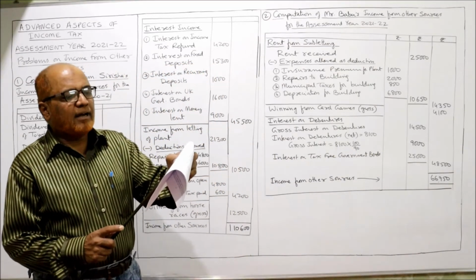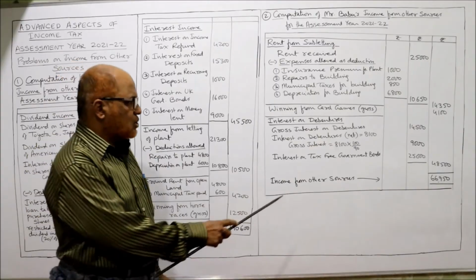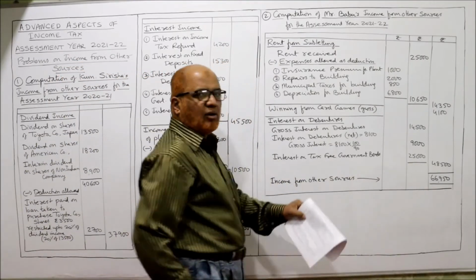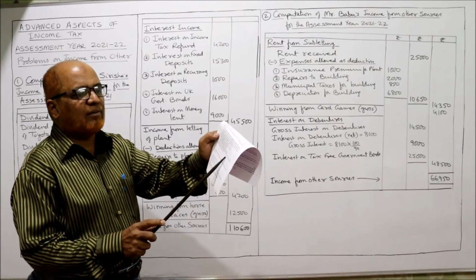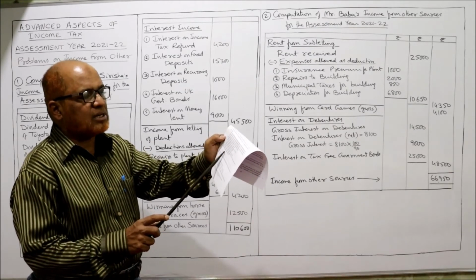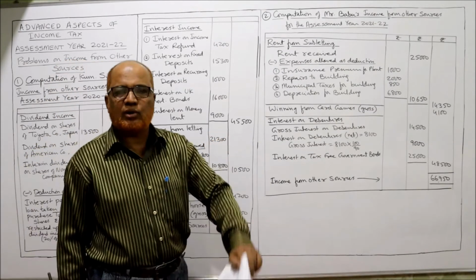Next comes interest on tax-free government bonds, 25,000. Interest on tax-free government bonds, 25,000. Machinery sold on hire purchase method, 1,55,000. Down payment received, 20,000. And the asset is seized for default.